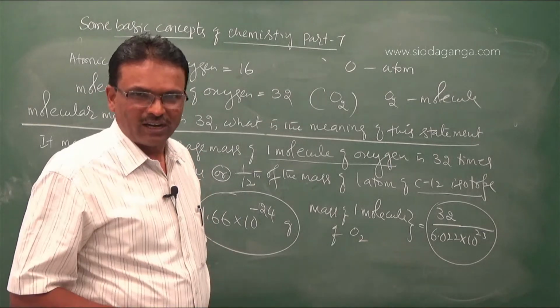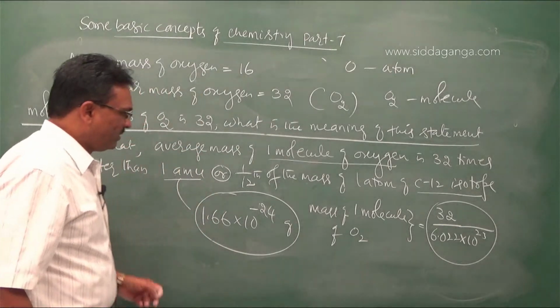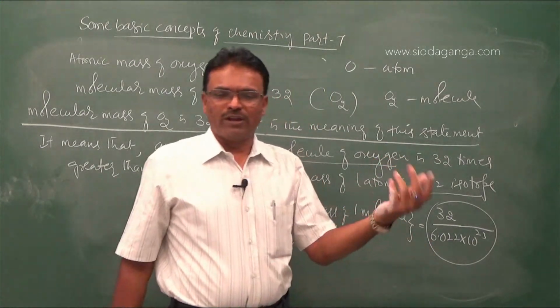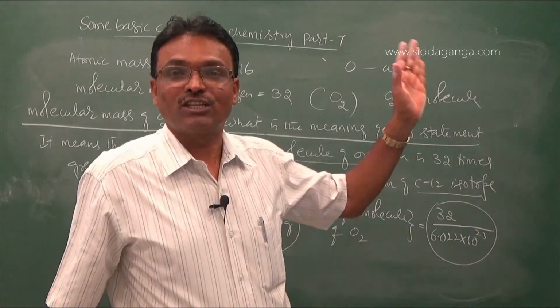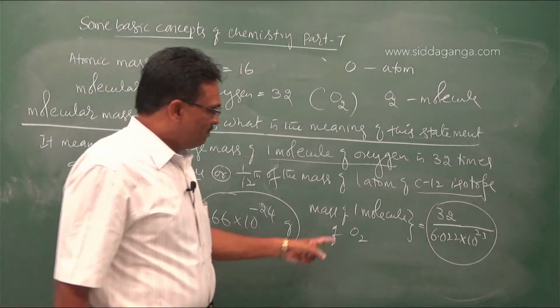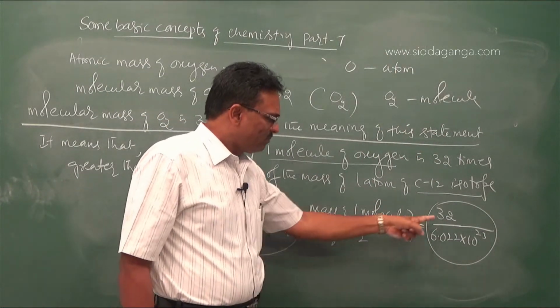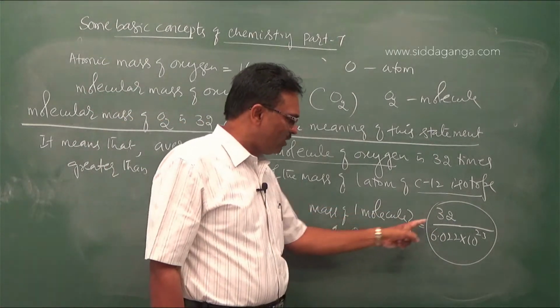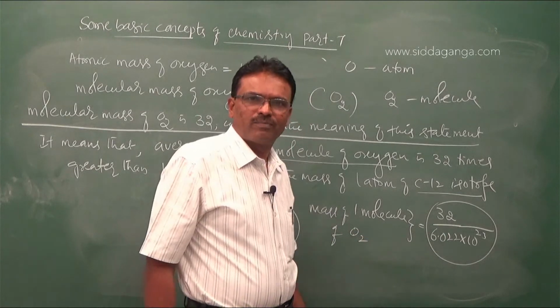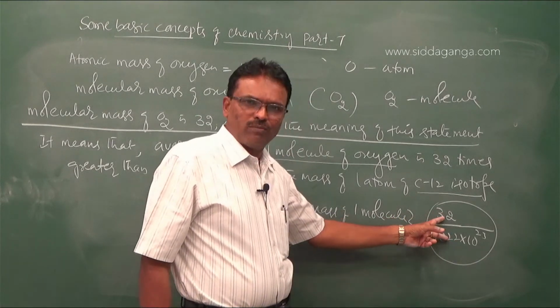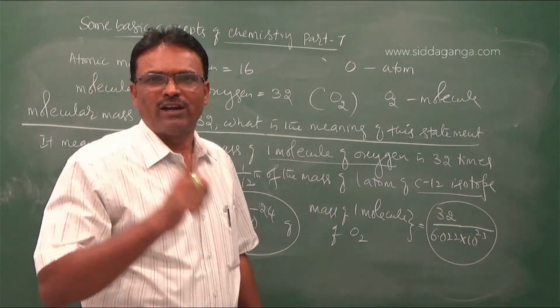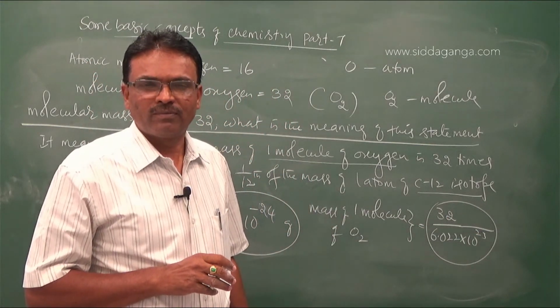1/12 of the mass of one atom of carbon 12 isotope. This is the mass of one molecule of oxygen. Mass of one atom of oxygen is atomic mass by Avogadro number. Mass of one molecule of oxygen is 32 by Avogadro number. This value is greater than 1/12 of the mass of one atom of carbon 12 isotope.